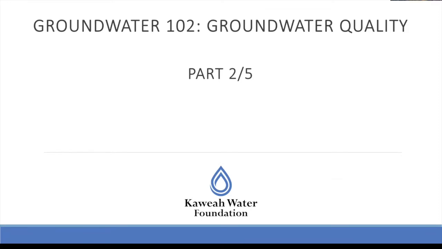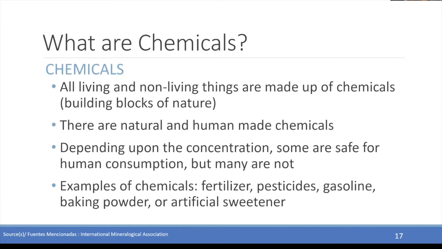So we've now described how groundwater can be used for drinking water. We'll now describe groundwater quality, which is important when used as a drinking water source. So beginning with chemicals, all living, non-living things are made up of chemicals.